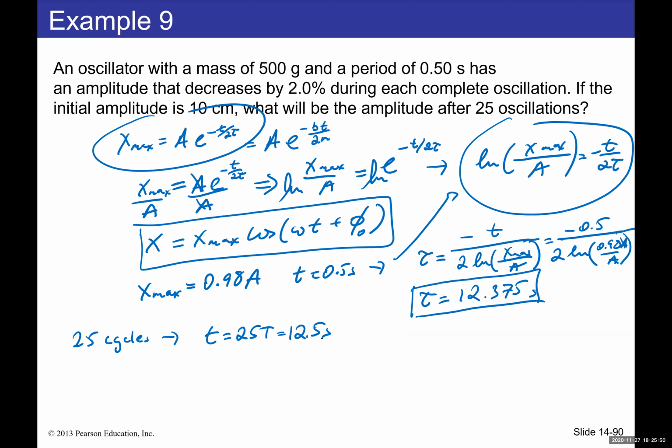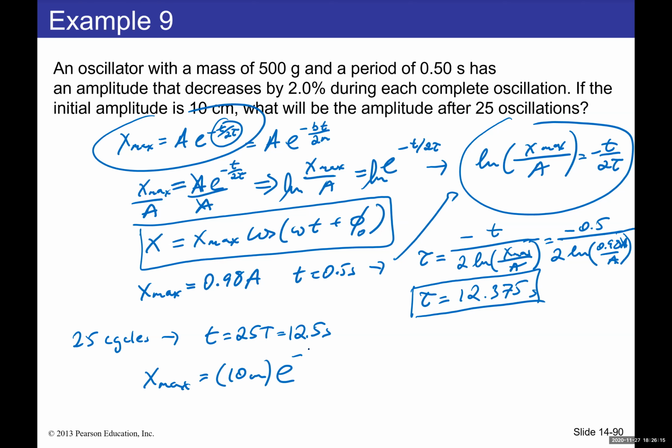So then what we do here is we can say that at this time, the amplitude will be x max equals 10 centimeters e to the negative, remember it is t over 2 tau.